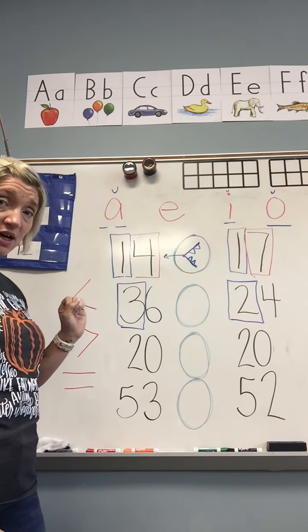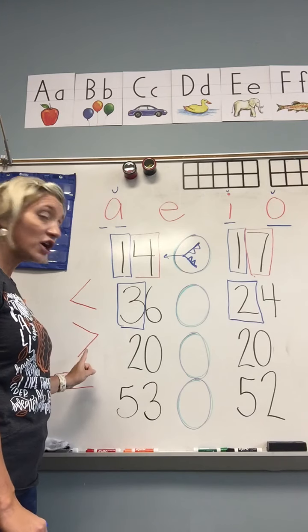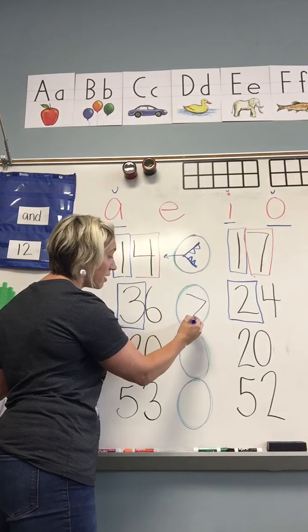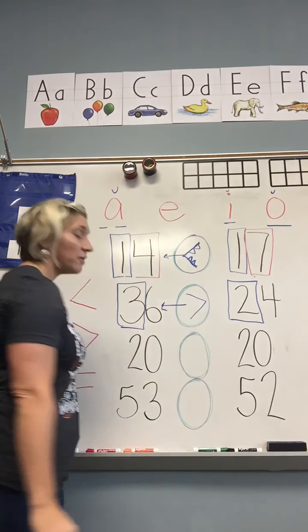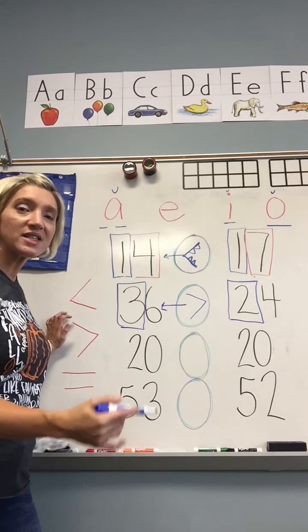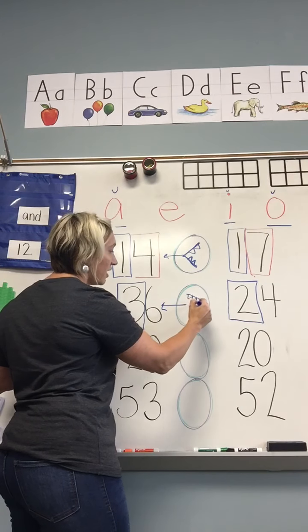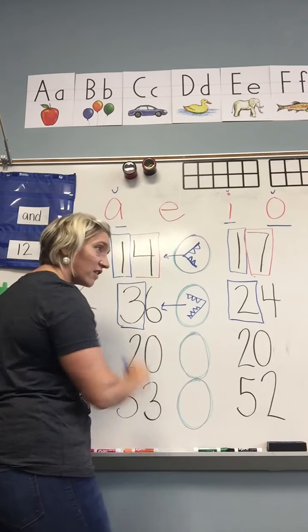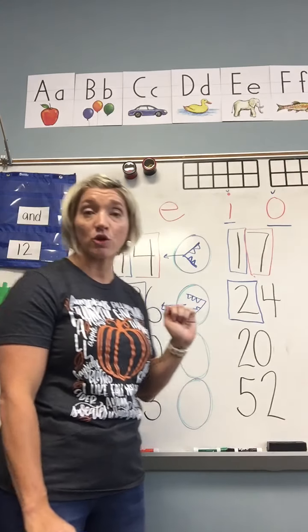So in this inequality, I want to use my greater than symbol. I want to open that up toward the biggest number, which is 36, the greatest number. That alligator, he wants to eat 36, 3 groups of 10, more than he wants to eat 2 groups of 10.